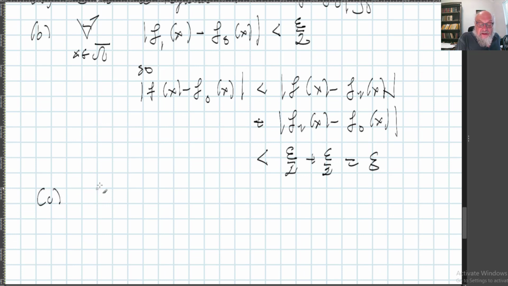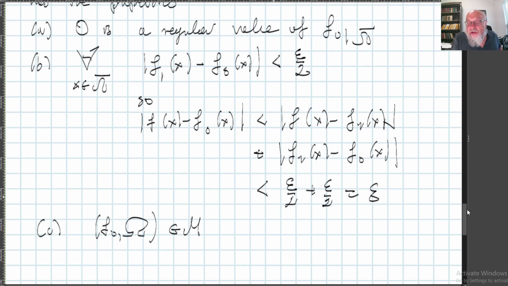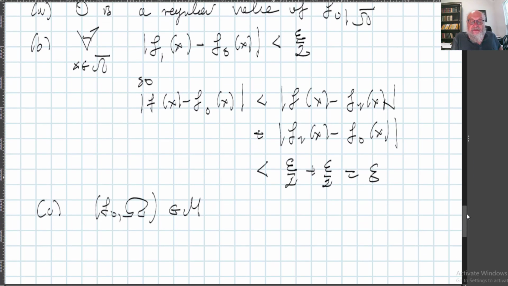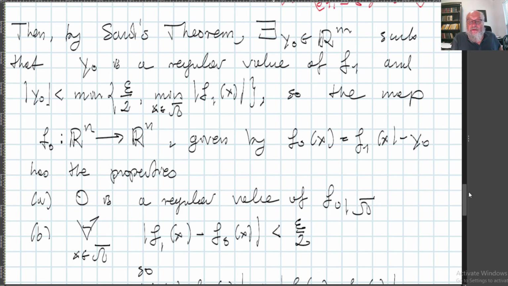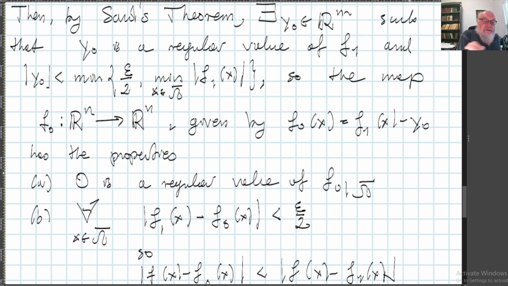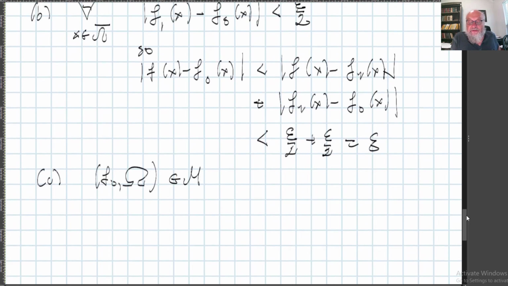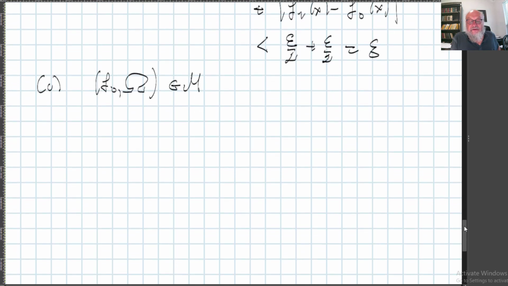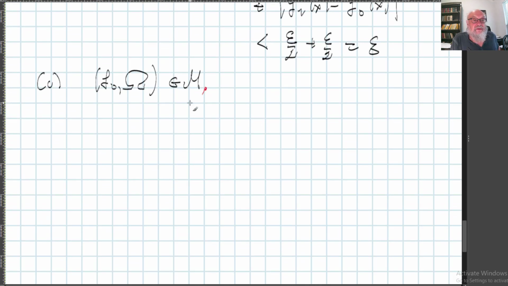And finally C, we have that (F0, omega) belongs to M, by the continuity, by the fact that the value we chose satisfies this property. So it cannot reach the boundary, it's separated from the boundary. Okay, so this is basically the end. So we proved it.